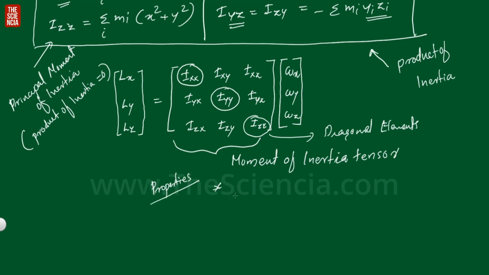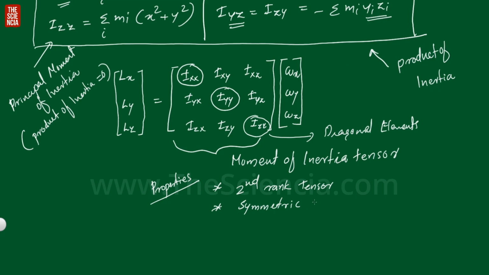First one, I already told you it is a second rank tensor. Second, you see Ixy is equal to Iyx, so this is symmetric. And here you can see Izy is equal to the sum of mi yi zi, where y and z are coordinates, so these are real coordinates.